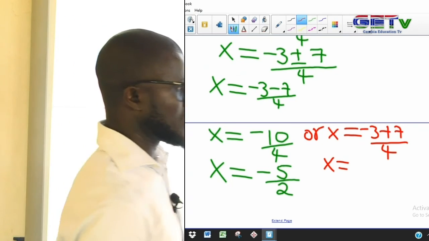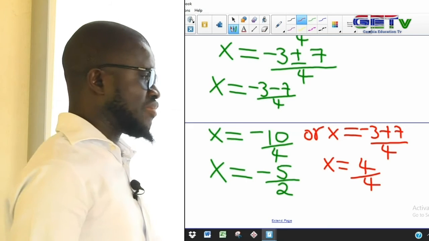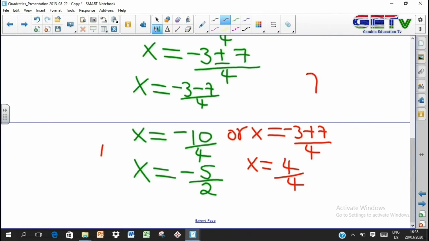From your calculator, you will have 4 all over 4. If you might be confused along the line, you just switch the order of the numbers, and that will give you the same as 7 minus 3, which is 4. x equals 4 divided by 4, the answer becomes 1.